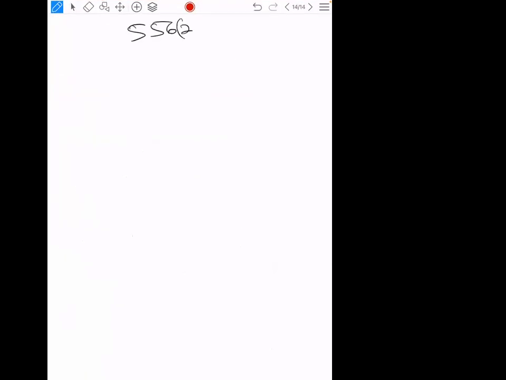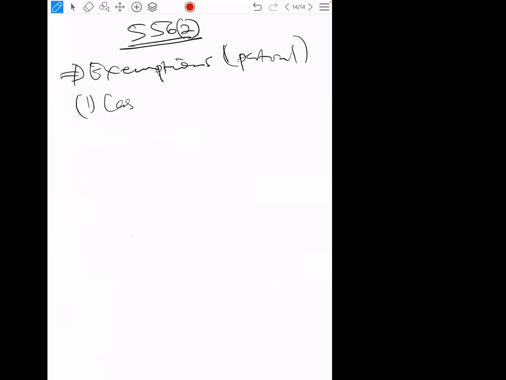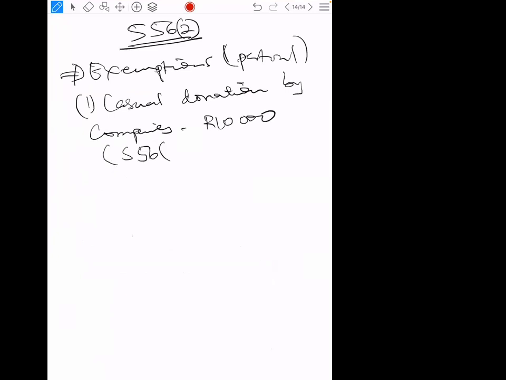Section 56.2, this one talks about what? Exemptions. Partial, right? One, for casual donations by companies, an amount of 10,000. You get this in section 56.2a.